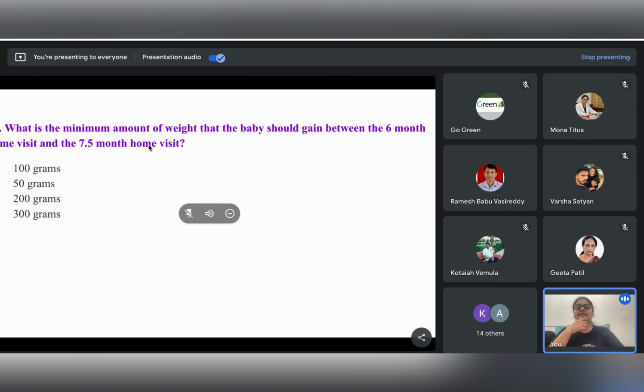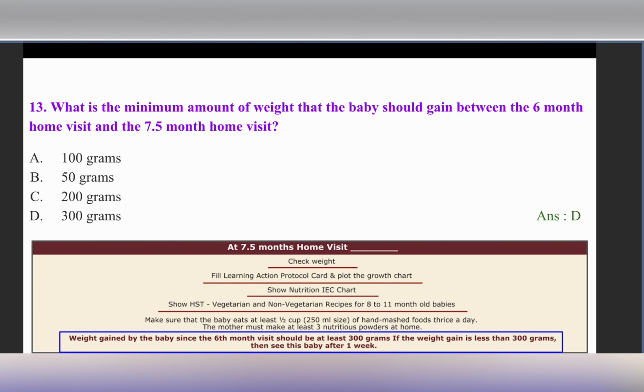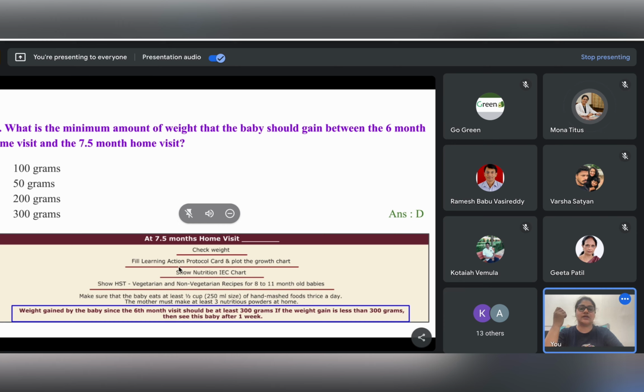Next, what is the minimum amount of weight that a baby should gain between the 6-month home visit and the 7.5-month home visit? Option D. Right. So we'll quickly go through it. The baby needs, as we have discussed, half a cup, hand mashed foods, thrice a day at 7.5 months.